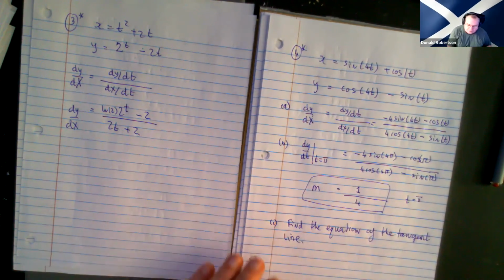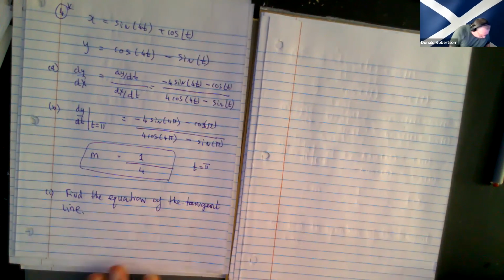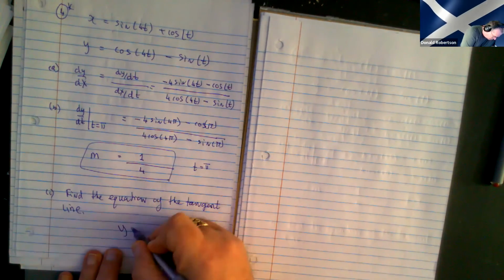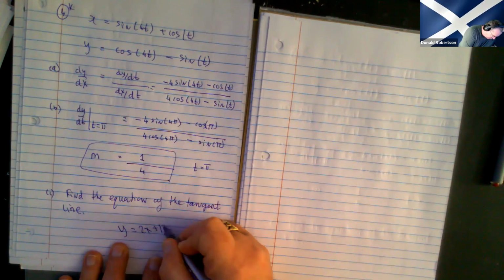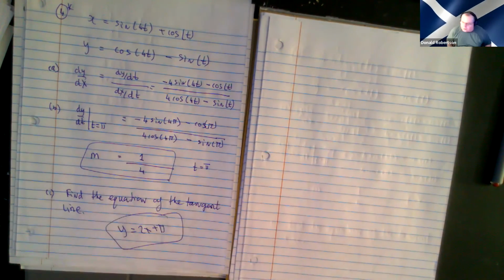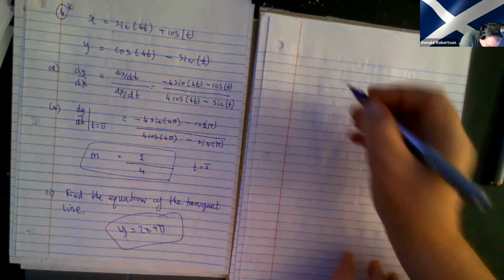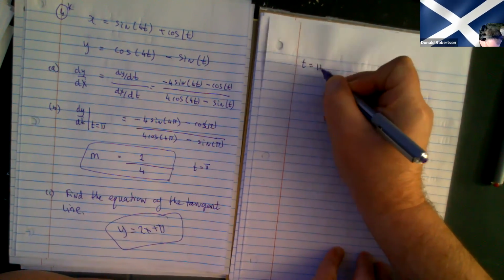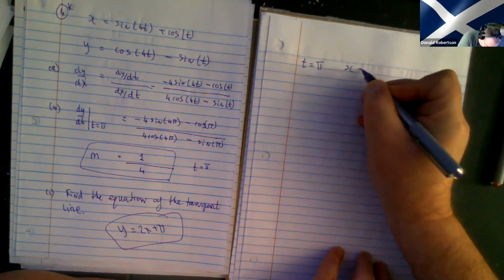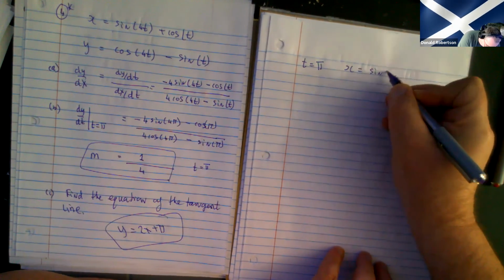Obviously, it's the most convenient way to do it. But when we return back to finding equations of tangent lines, we want things like this, right? The good old-fashioned y equals so many x plus or minus a number. So I'm going to take t equals pi, and I'm going to find the x coordinate that corresponds to.